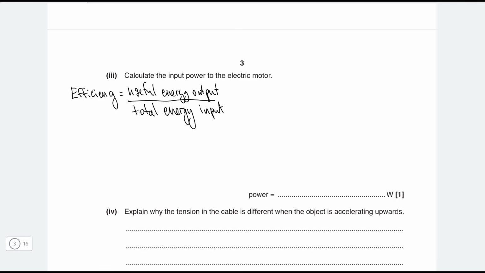Because we're looking for the power, and remember, power is just energy per unit time, we could really easily rewrite this equation as our efficiency is going to be equal to the output power, let's call it P output, divided by the input power, like so, and this will be just our percentage efficiency times 100%.